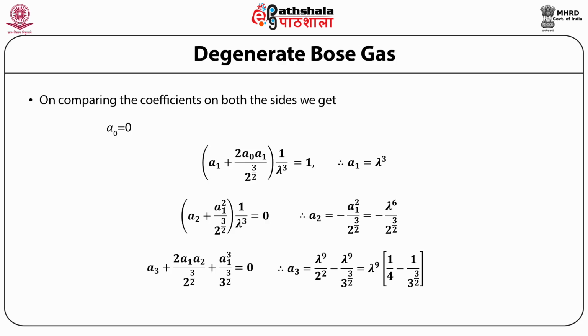A3 plus 2 A1 into A2 divided by 2 raised to power 3 by 2 plus A1 raised to power 3 divided by 3 raised to power 3 by 2 is equal to 0. Therefore, A3 is equal to lambda raised to power 9 divided by 2 raised to power 2 minus lambda raised to power 9 divided by 3 raised to power 3 by 2, is equal to lambda raised to power 9 multiplied by 1 upon 4 minus 1 upon 3 raised to power 3 by 2.